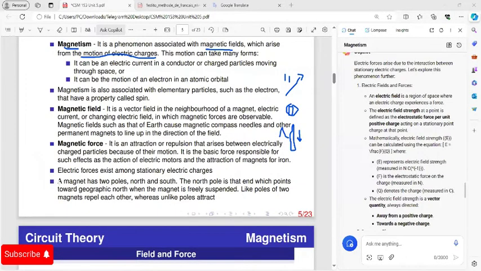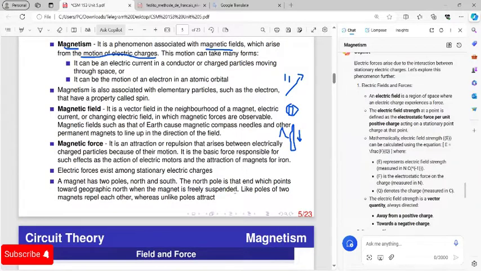And also, it says a magnet has two poles. We know that every magnet has two poles: the north pole and the south pole. He's saying the north pole is the one that points toward geographic north when the magnet is freely suspended.